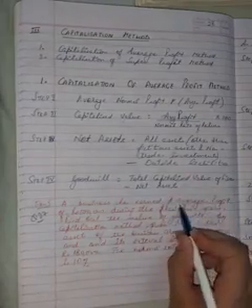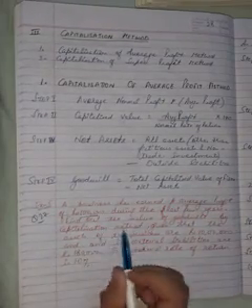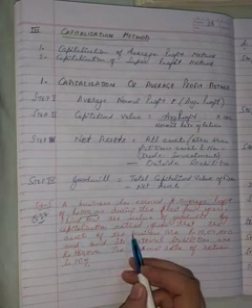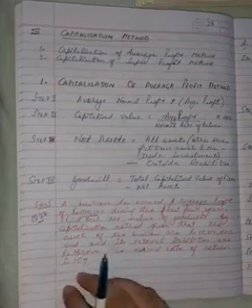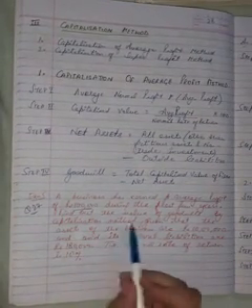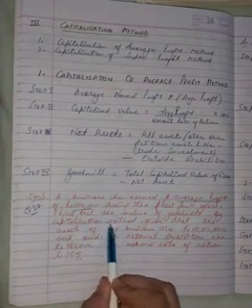So average profit they have already given in the question, no need to find it again. Find out the value of goodwill by capitalization method. In every question they will tell you which method you have to follow. You have to solve the question according to that method only. So they have told the capitalization method.